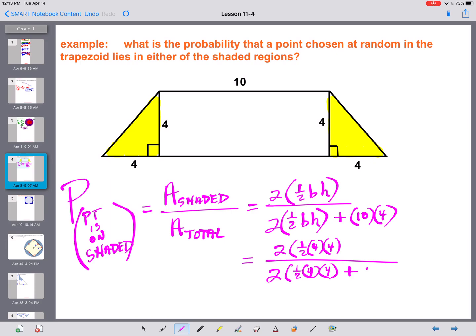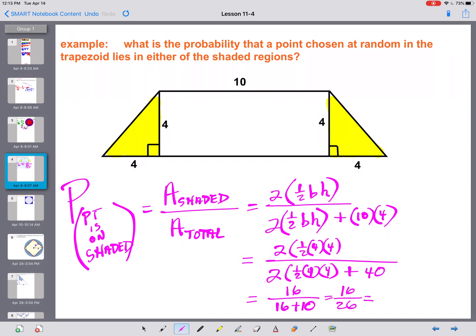Plus 10 times 4 is 40. On top, 4 times 4 is 16, 1/2 times 16 is 8, 8 times 2 is 16. So we got 16 over 16 plus 10, that's going to be 16 over 26.